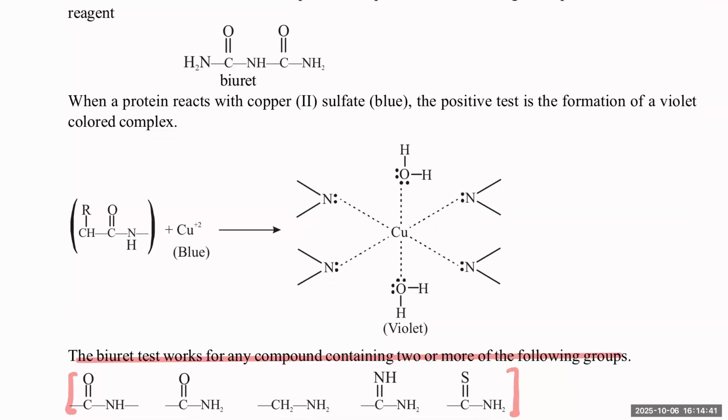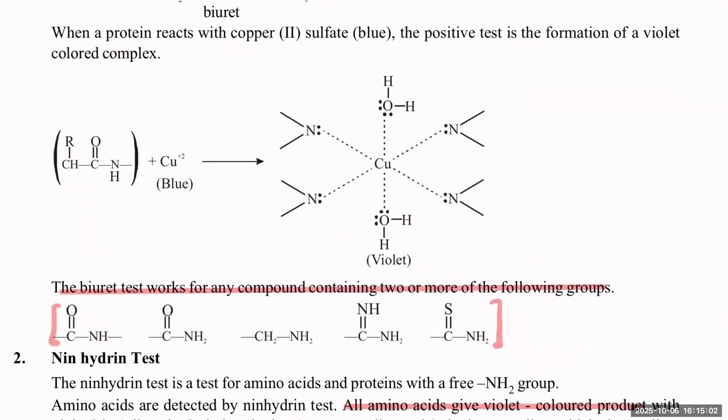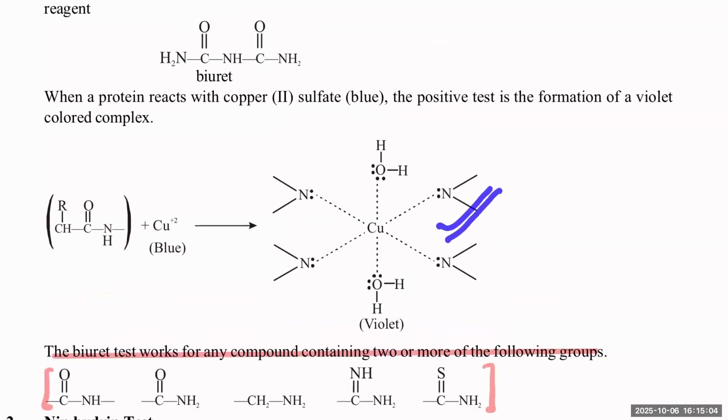So the biuret test works best if you have a combination of any two of these groups, like these two, or these two. Any two being combined. Minimum two. More than two is perfectly fine. Which means this test is not positive if you have only a single amino acid.